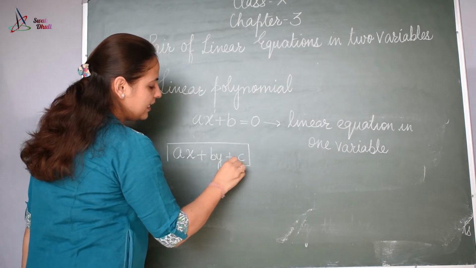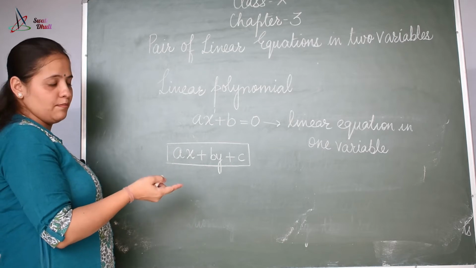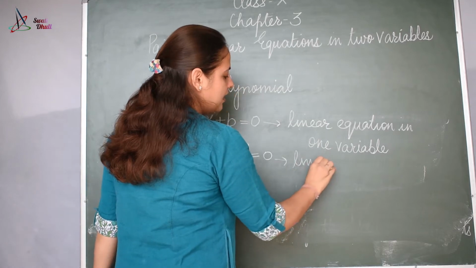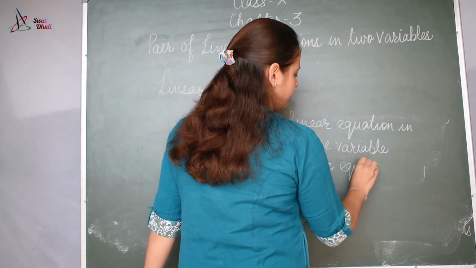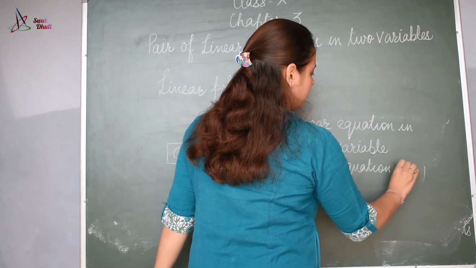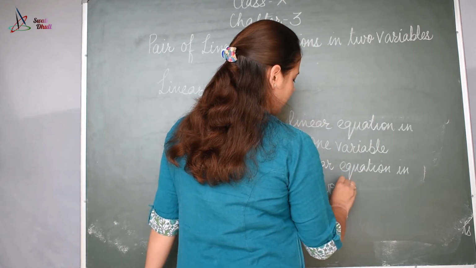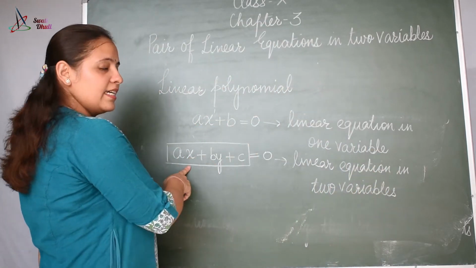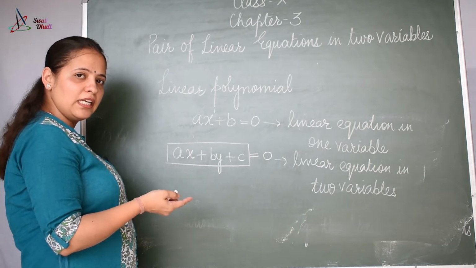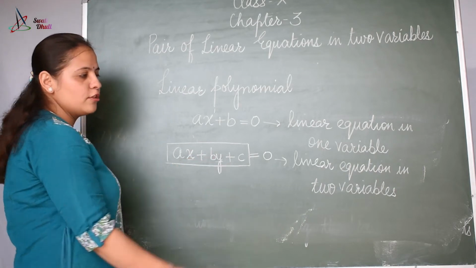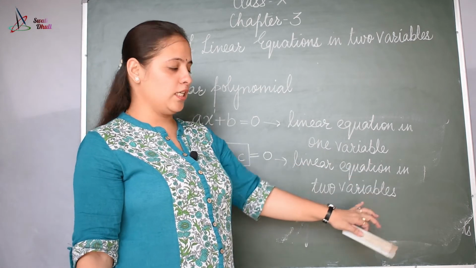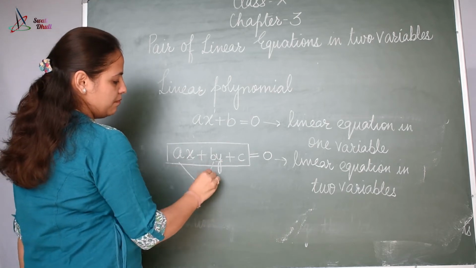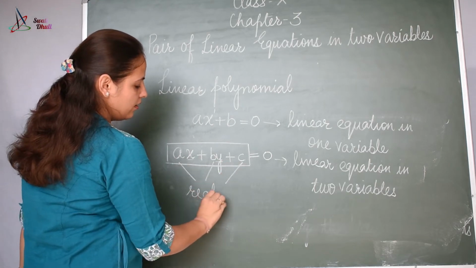This is a linear polynomial in two variables, but when I equate it to 0, this becomes the linear equation in two variables, because here the highest degree is 1, so it will become a linear polynomial, and when there are two variables, it becomes a linear equation in two variables where your a, b and c, they are your real numbers.